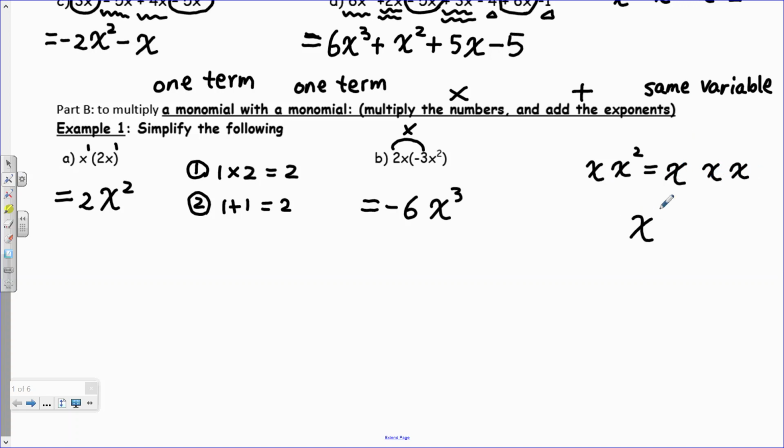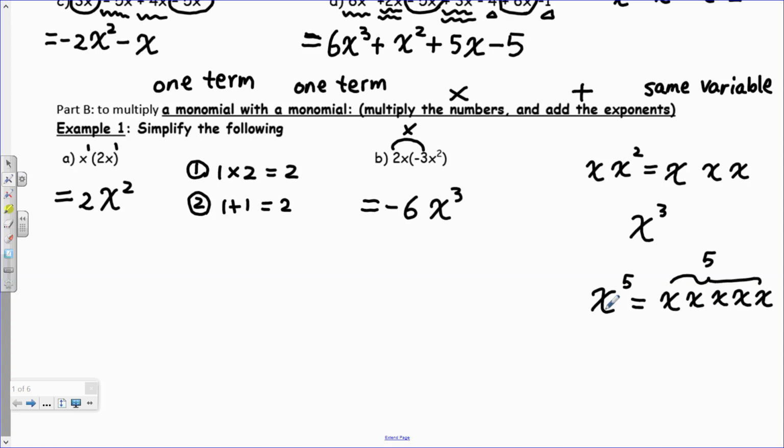The power, the degree, means how many times the base is multiplied by itself. If you have x to the exponent 5, it equals x times x times x times x times x, 5 times. We write it with base x, and exponent 5 means x times itself 5 times.